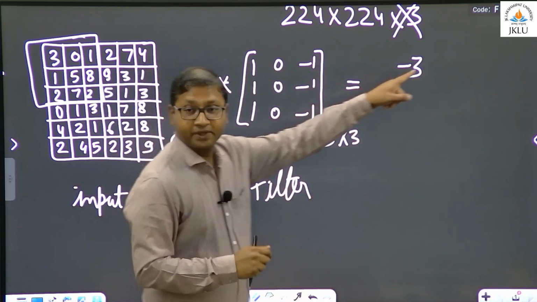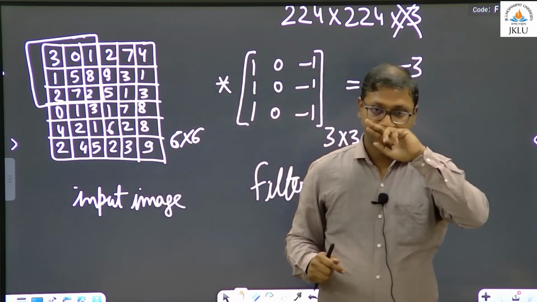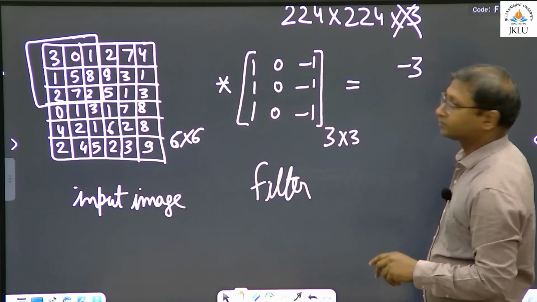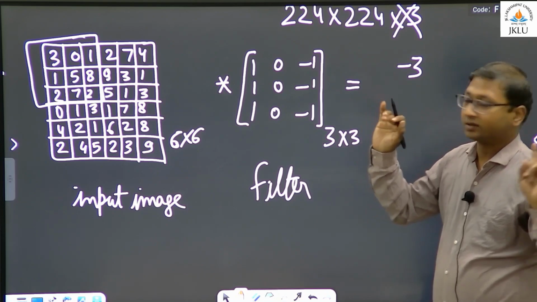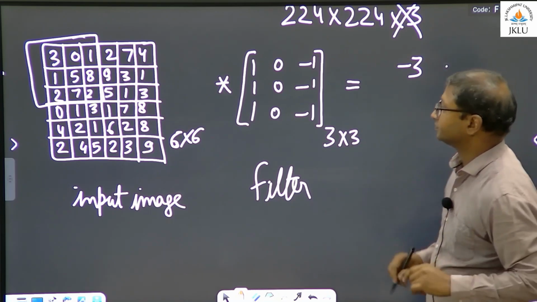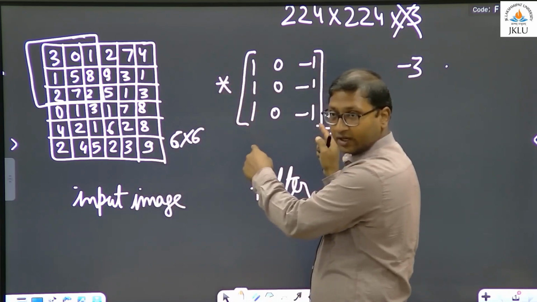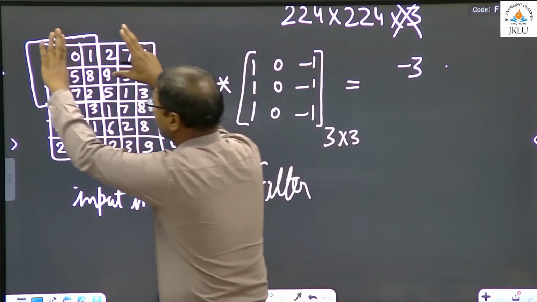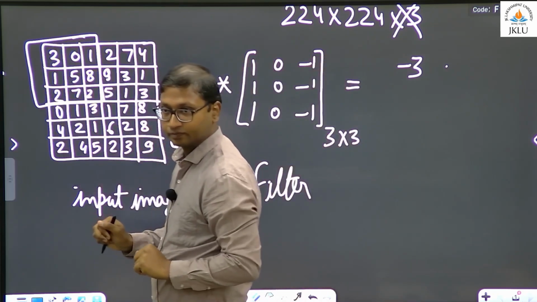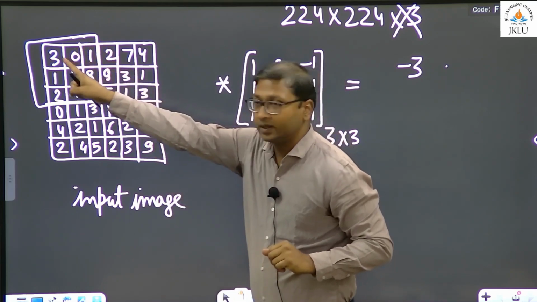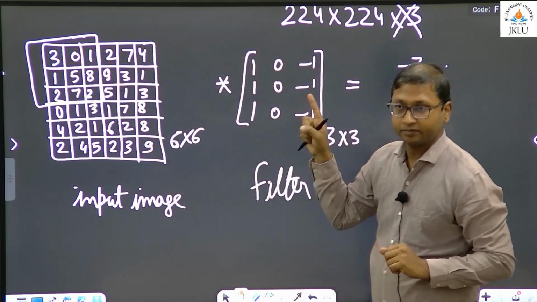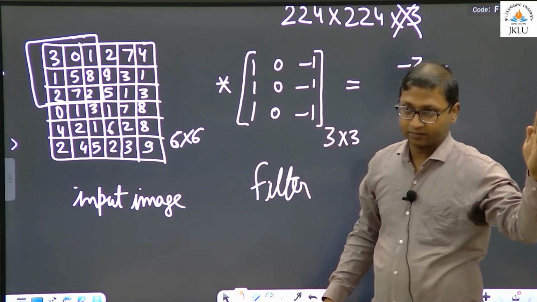So what will come here? Once more. See, this is 3 cross 3. Take this as it is and superimpose it over here. Multiply the element here with the element here and add all these things.